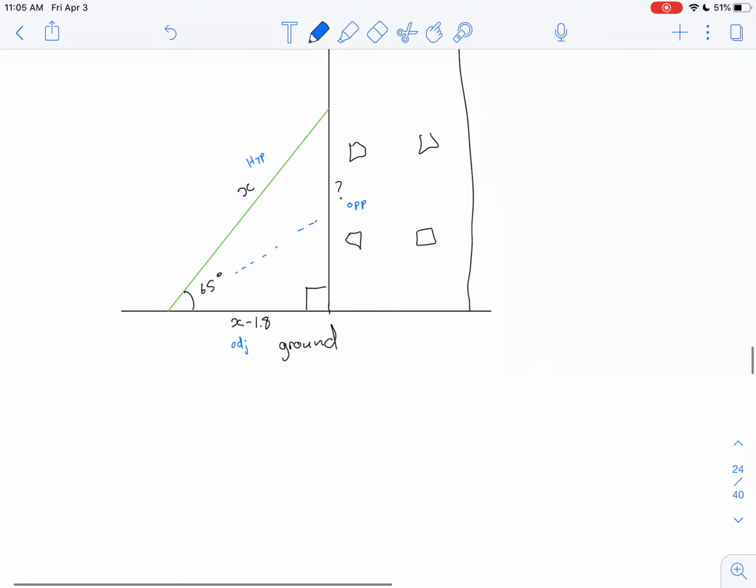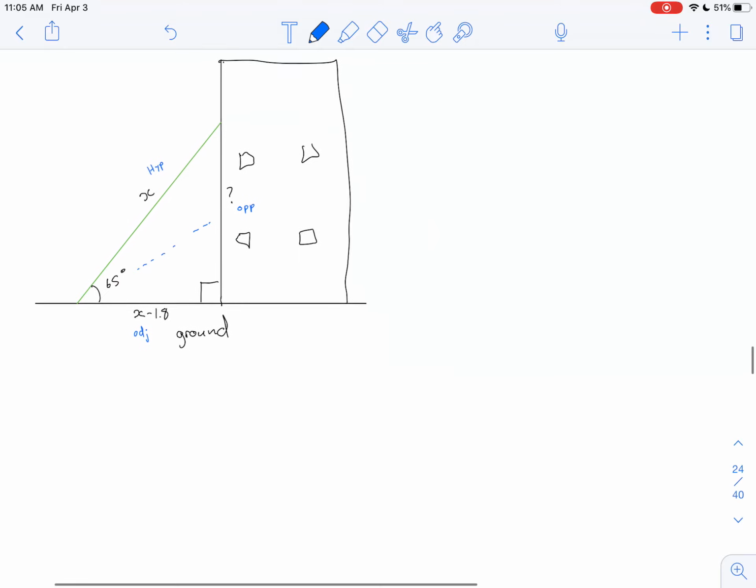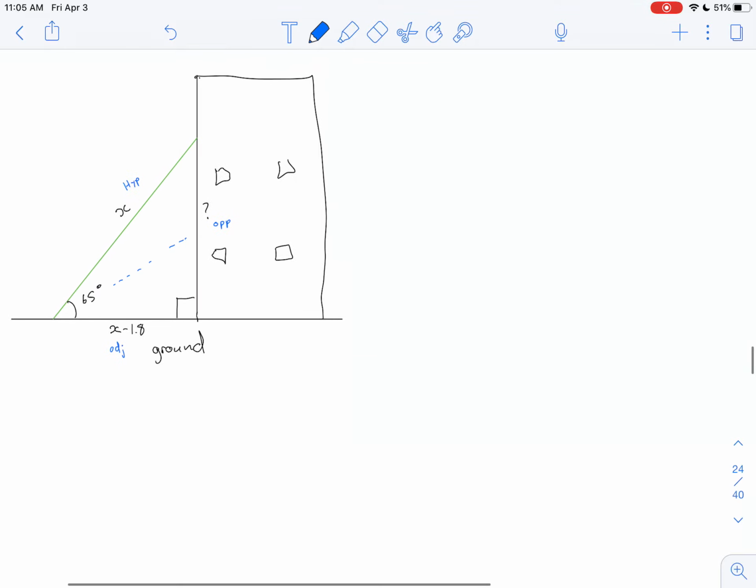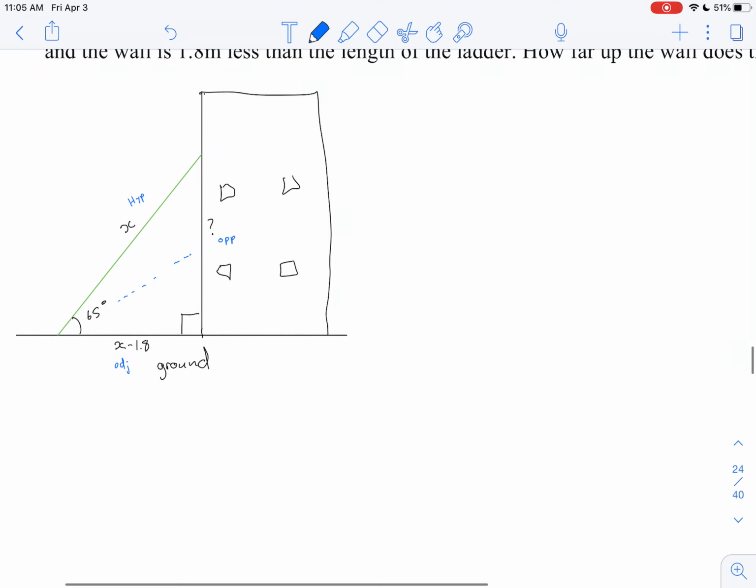If we have those measurements, first I'm going to solve for something that uses adjacent and hypotenuse. So I'm going to think what uses adjacent and hypotenuse. So CAH, I'm going to say that cosine theta is equal to my adjacent divided by my hypotenuse.